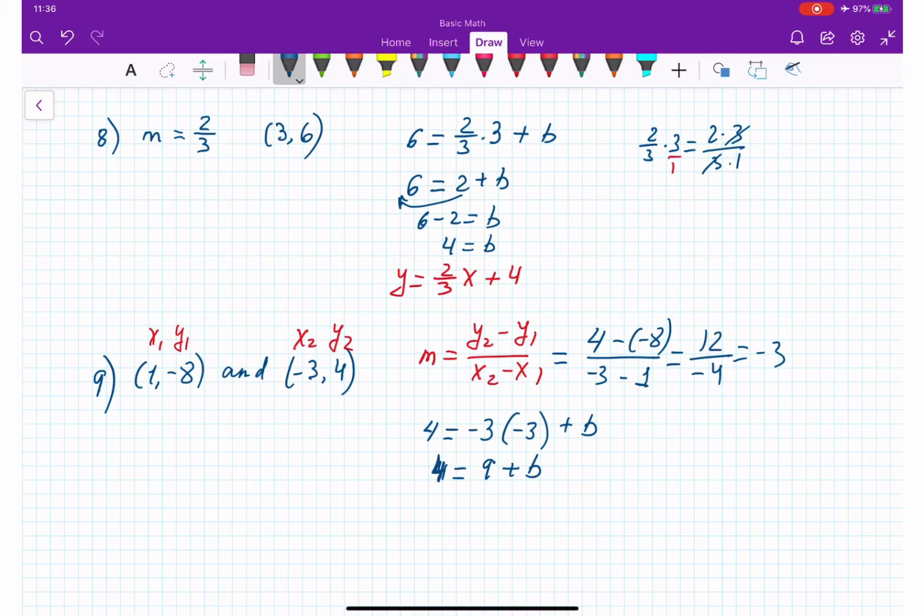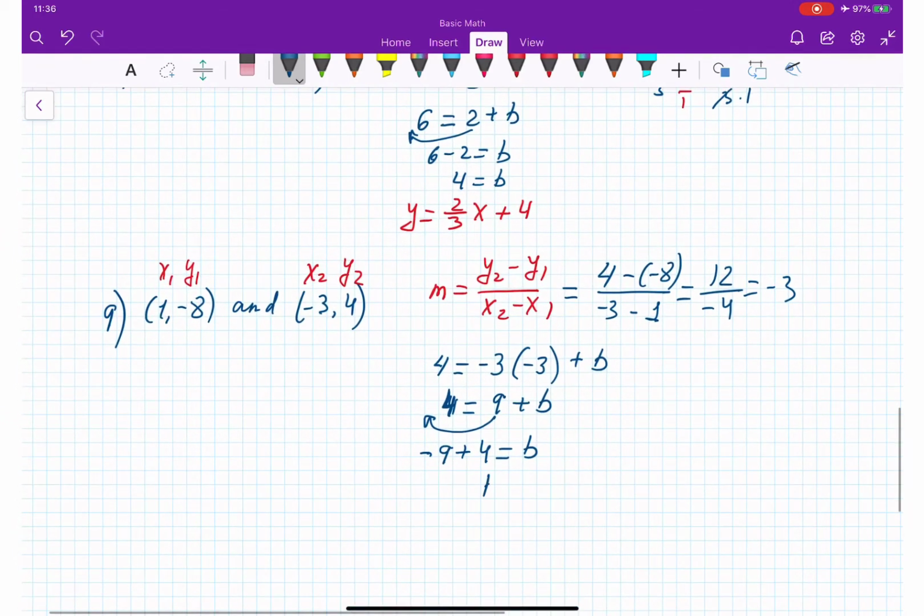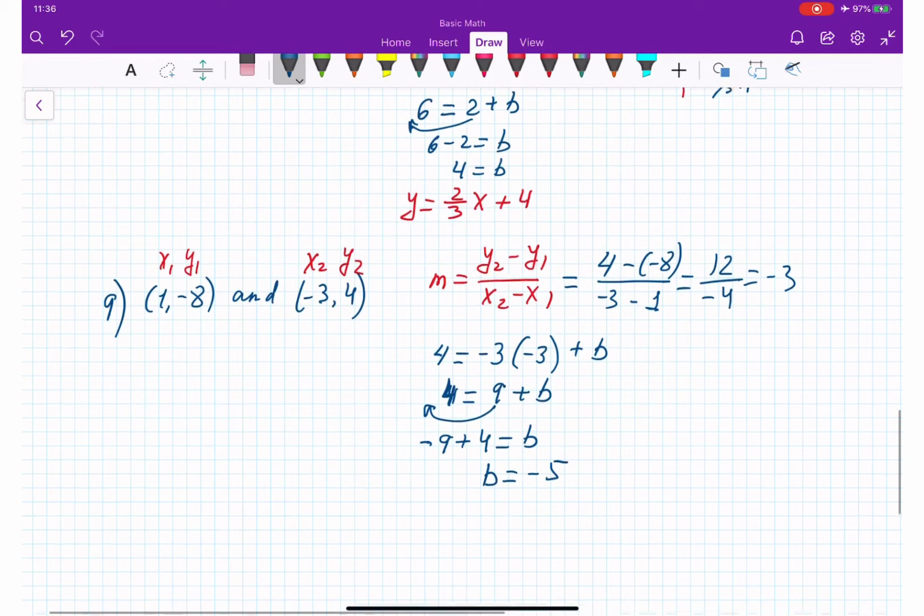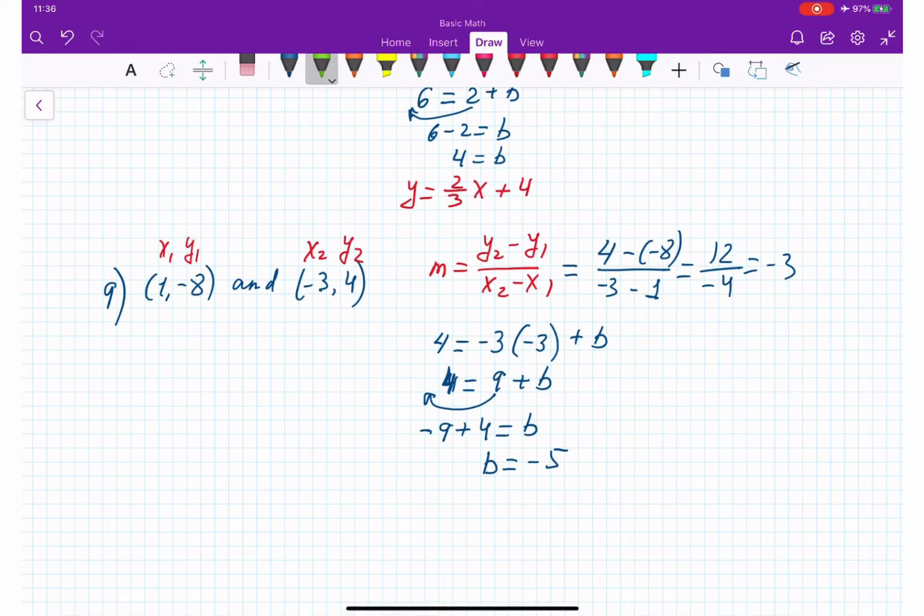And from here, once I move 9 to this side, I get -9 plus 4 equals b, right? And the result is b equals -5. All right, we have our b.